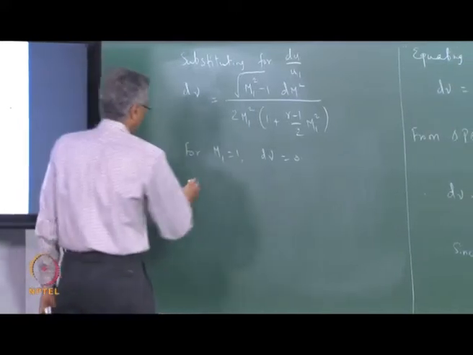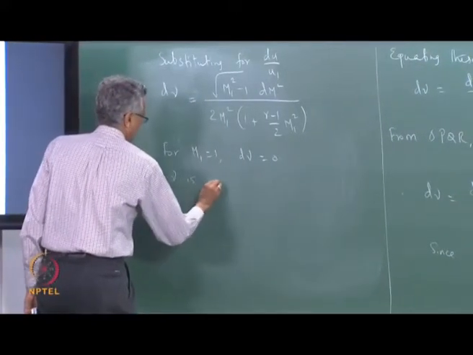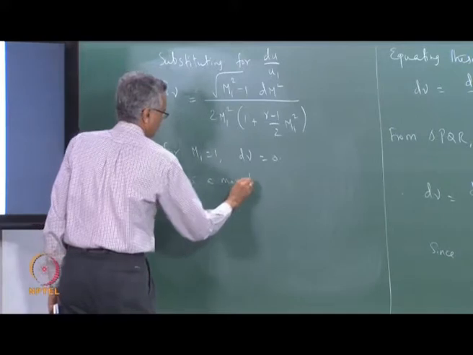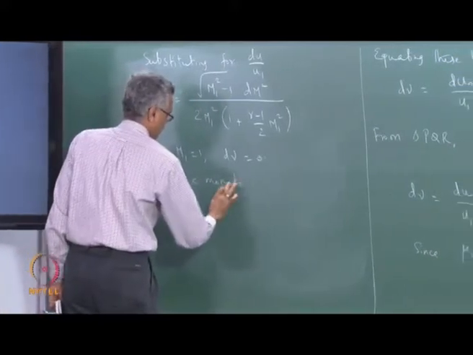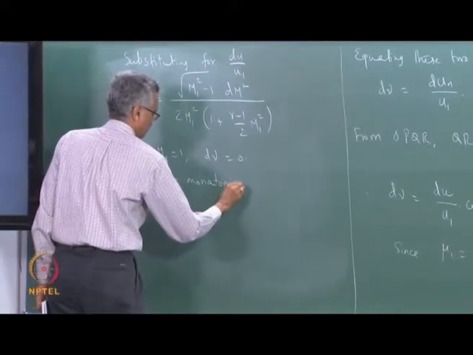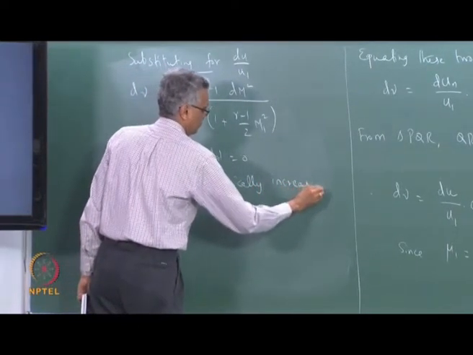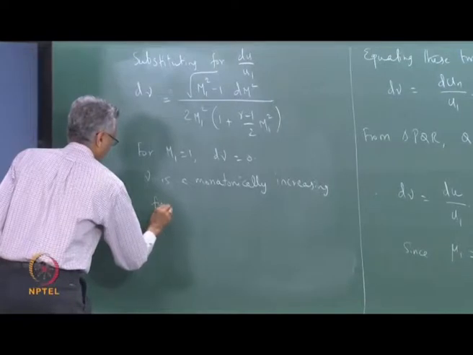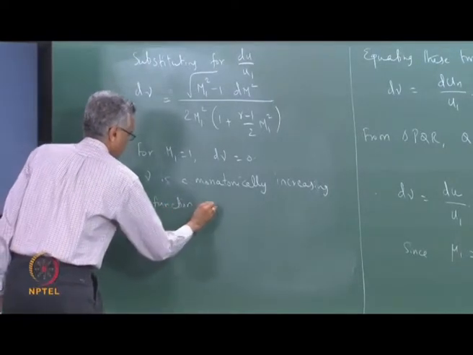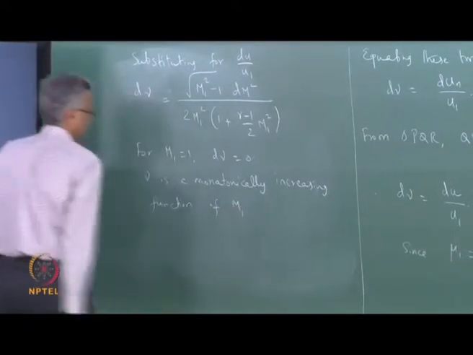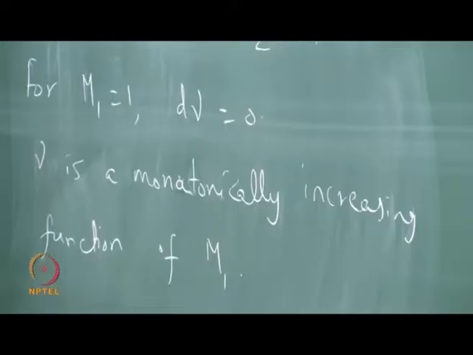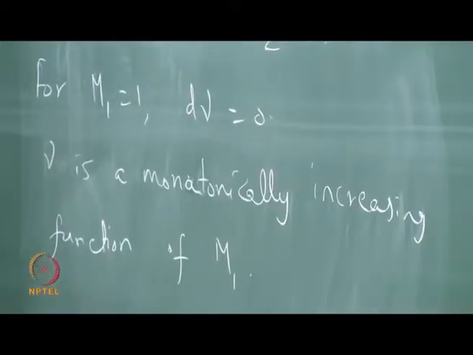So nu is a monotonically increasing function of M. M or M1 does not matter, M1 is the initial Mach number. So I can actually integrate this.